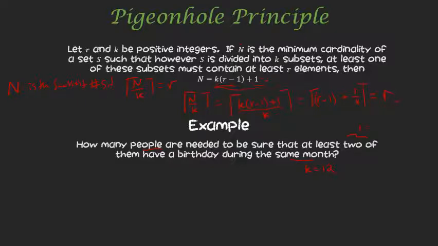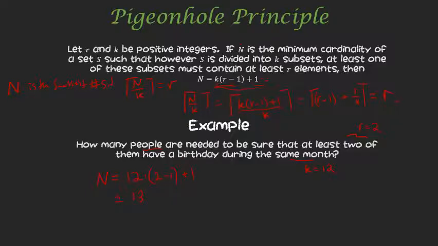So that's my r. And so this is telling me that the smallest number of people I need to have at the party to guarantee 2 of the same kind is n equals k, 12, times (r minus 1), 2 minus 1, plus 1. And so that's 13.